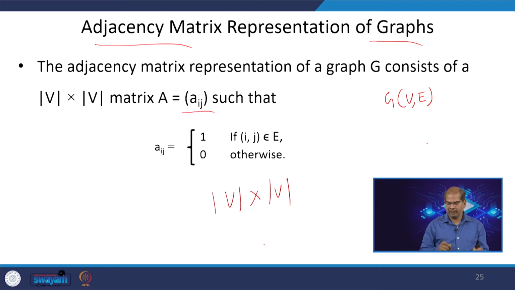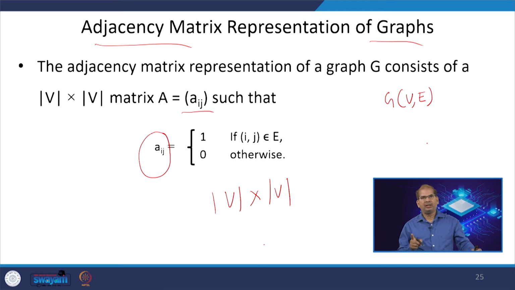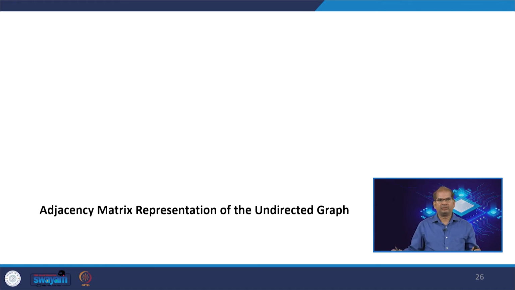The element A i j is 1 if there is an edge from i to j. If i to j has an edge, then this will be 1, otherwise it is 0.